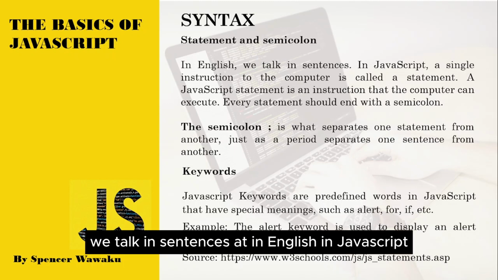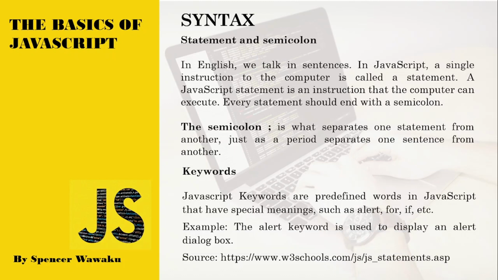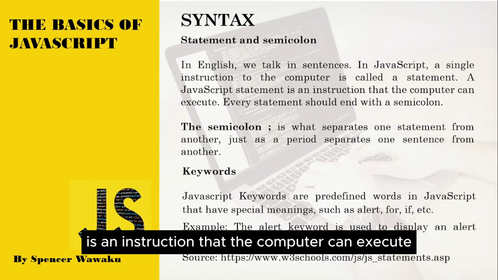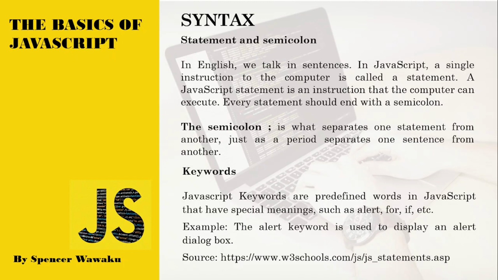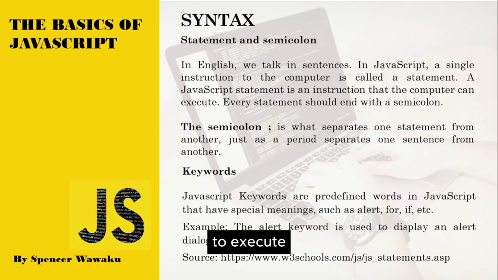In English, we talk in sentences, but in JavaScript, a single instruction to the computer is called a statement. A JavaScript statement is an instruction that the computer can execute. It is the instruction you give to the computer to execute.